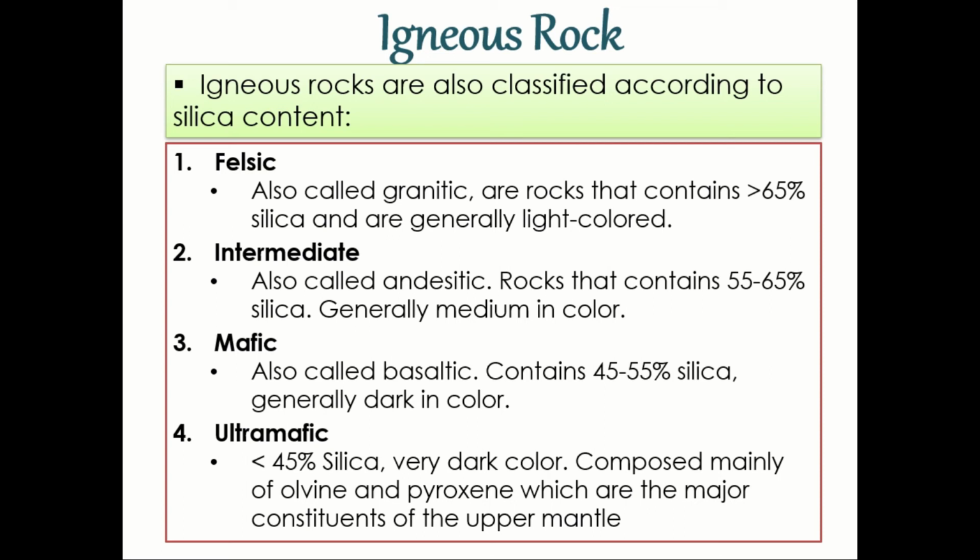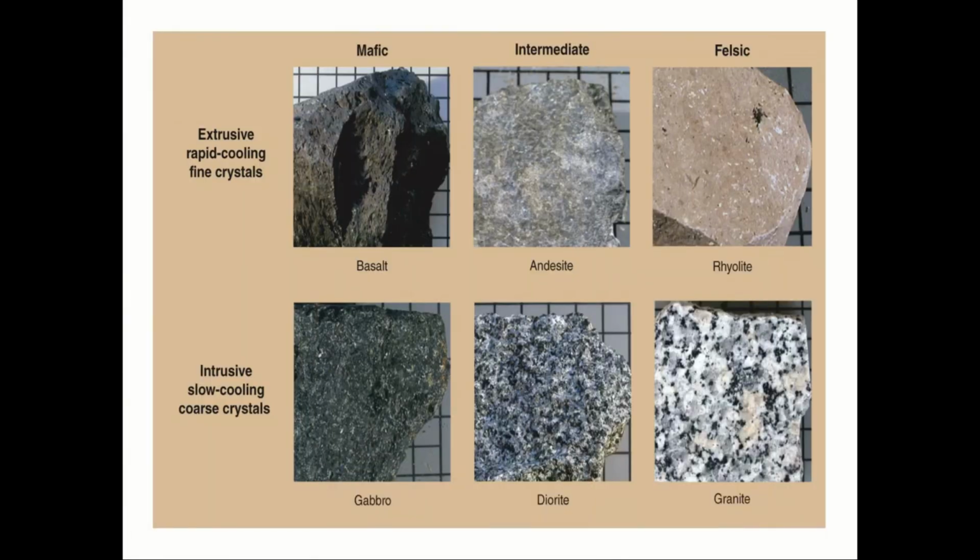So let's see what the classification of our igneous rocks is, according to the silica content. We have here an example. We have the felsic, intermediate, and mafic for both extrusive and intrusive igneous rocks. As you can see, felsic is very light colored, meaning it has a higher percentage of silica content.